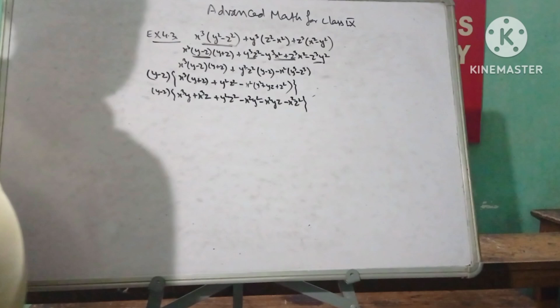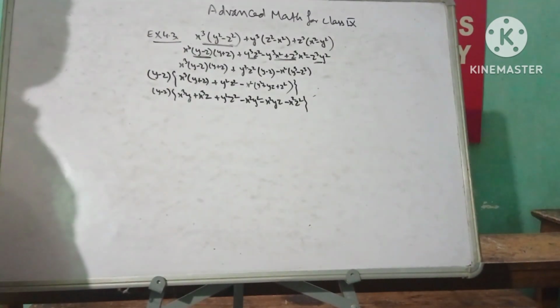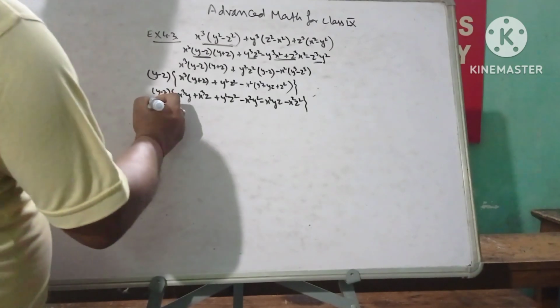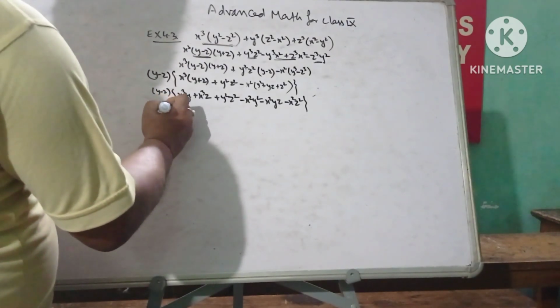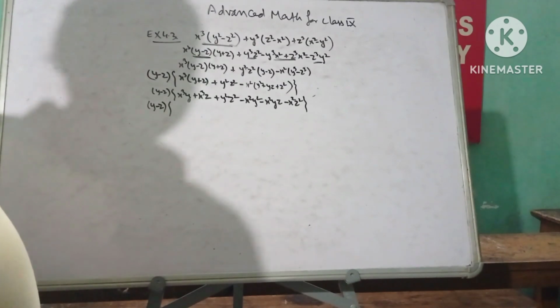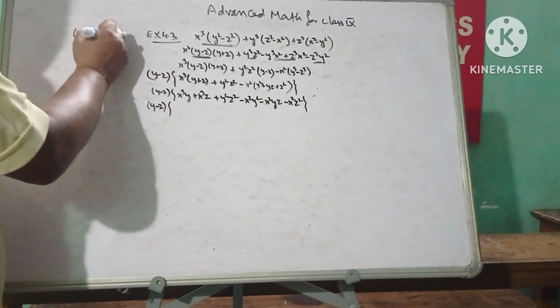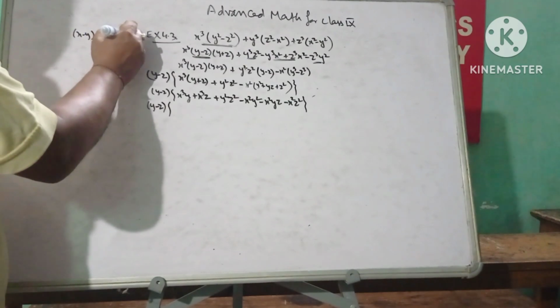So here you see there are 3 plus terms and 3 minus terms. So again y minus z, so here let us select, one is x minus y, y minus z, z minus x.